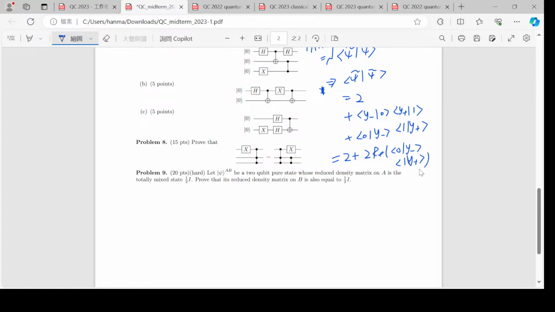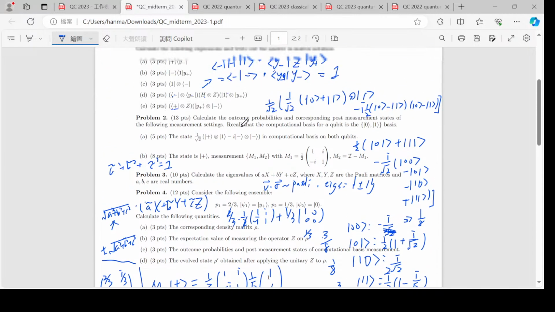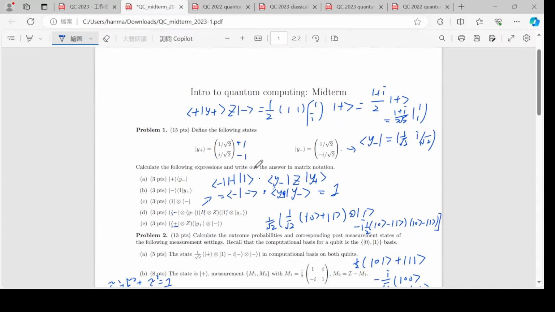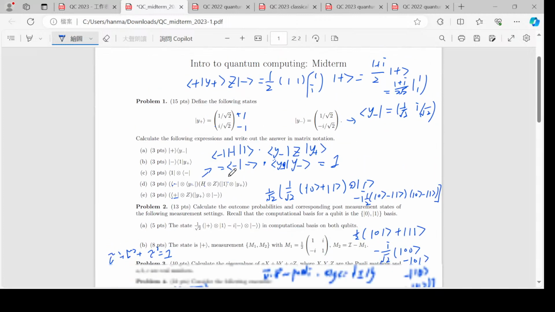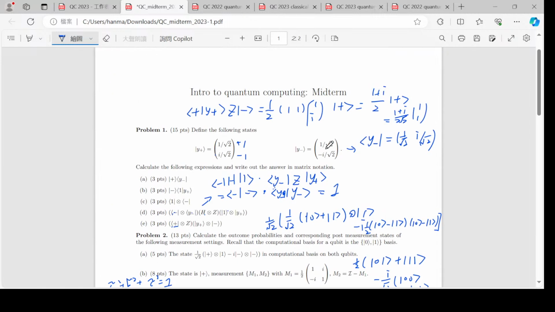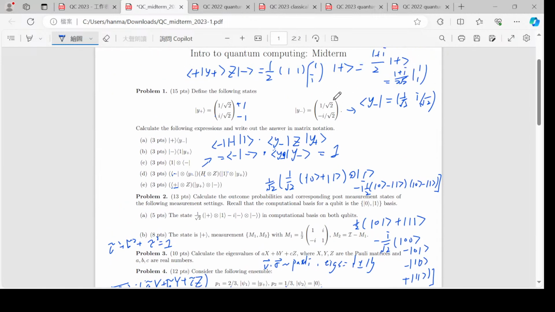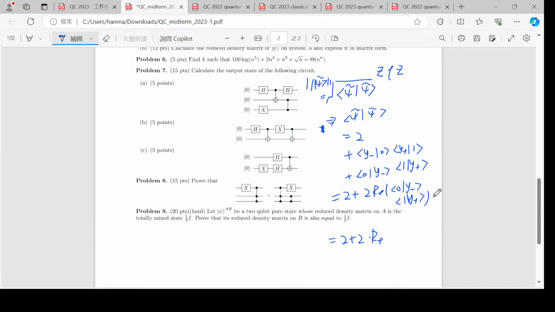Okay, anyway, let's calculate this. 2 times the real part of, and 0 on y minus is, okay, do I get this right? 0 on y minus is 1 over square root 2. Wait, do I do this correctly? This thing's too nice.